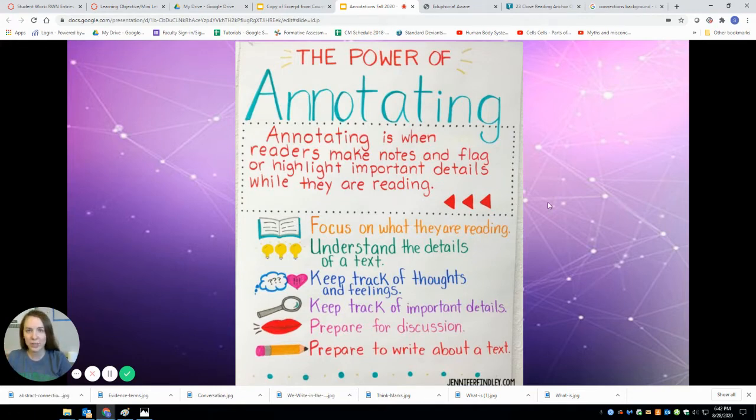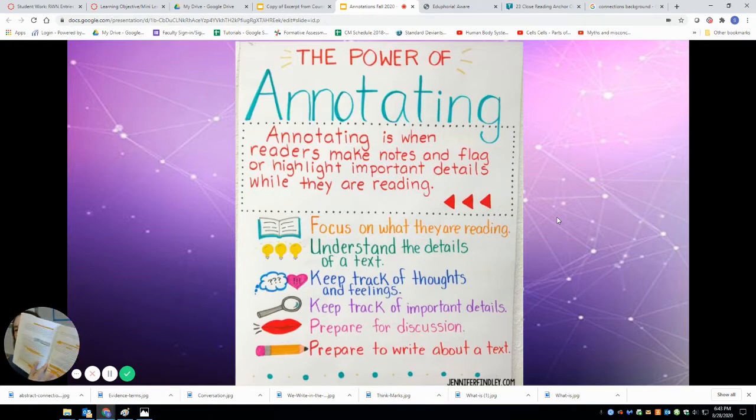So why do we actually annotate? Annotations can help readers focus on what they're reading. As somebody that has ADHD and has been dealing with that most of my life, annotating when I'm reading, not a fiction book or a graphic novel for fun, but if I'm reading something really interesting, like I loved this book called 180 Days, helps me stay focused.